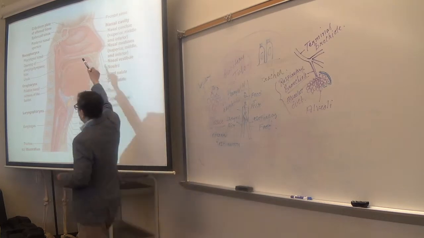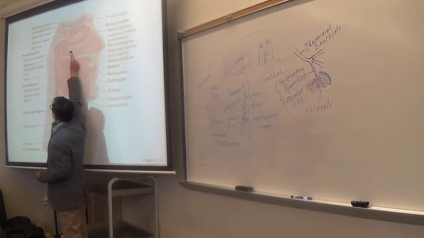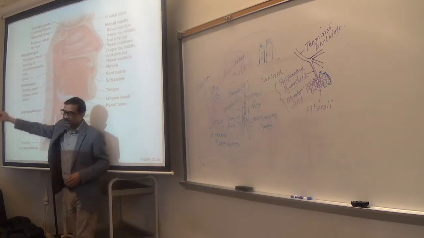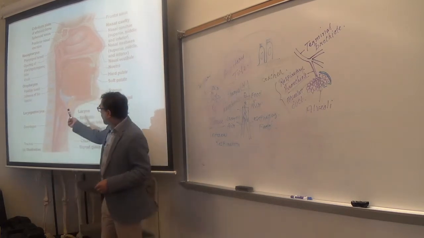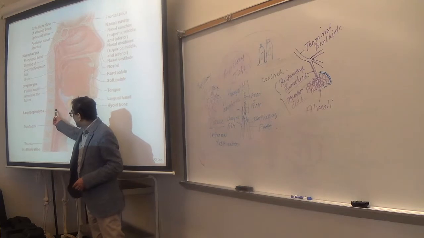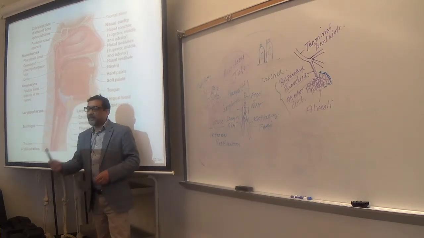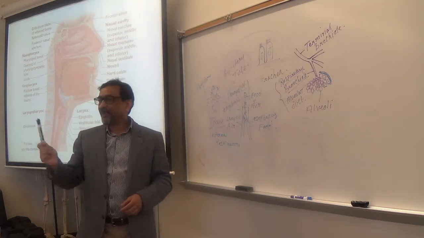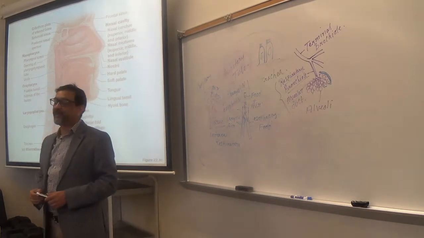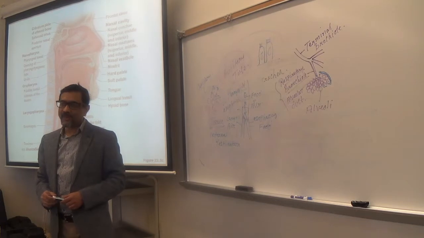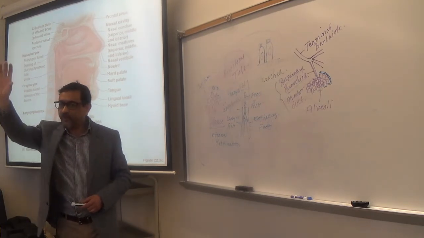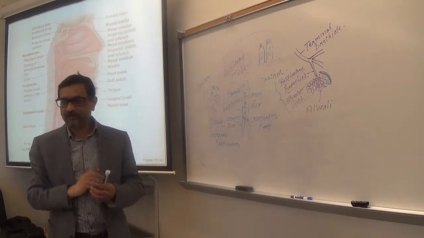But in the oropharynx and laryngopharynx, the epithelial lining is not ciliated columnar. It is stratified squamous. So the last two parts of the pharynx are stratified squamous. Only the first part is ciliated.